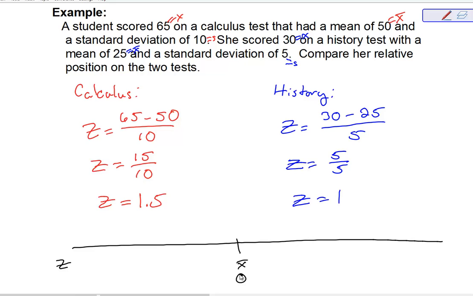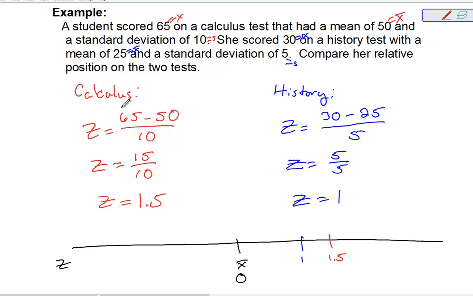And my standard deviation always becomes a 1. But if I look at this, the z-score for the calculus class is a 1.5. The z-score for the history class is a 1. So notice that she has a higher position in her calculus class than she does in her history class. Okay?